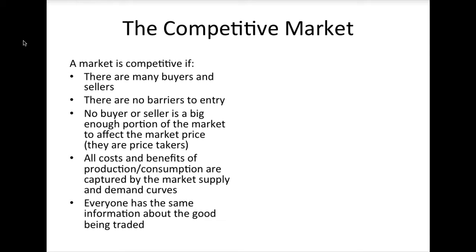Typically, we also assume that the good being traded is homogeneous, and all the information about the quality of the good is common knowledge among the market participants. We also assume that there are no externalities. That is, we assume that all the costs and benefits of producing or consuming the goods are captured by the supply and demand curves. We will start to examine what happens to market outcomes if we relax some of these assumptions in the upcoming weeks.